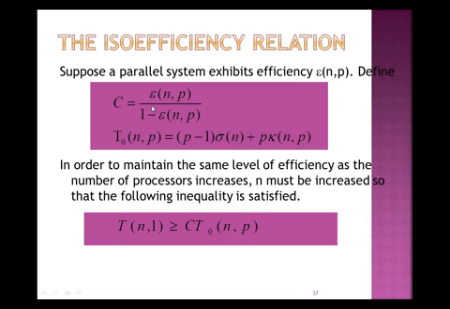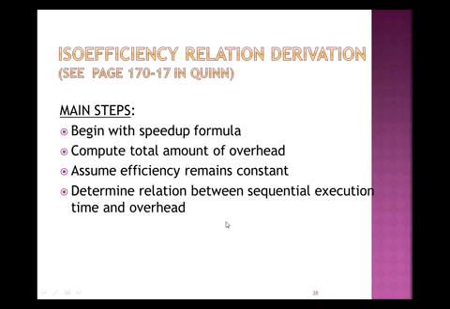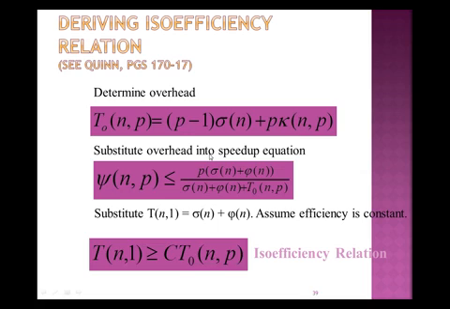This is not omega, this is epsilon, and this is also epsilon(n,p). How do we calculate T0? That is calculated by (p minus 1) sigma(n) plus p kappa(n,p). These are the relationship derivations that are used. These are the main steps. This is how we can derive. This is the formula derivation that you have to study.